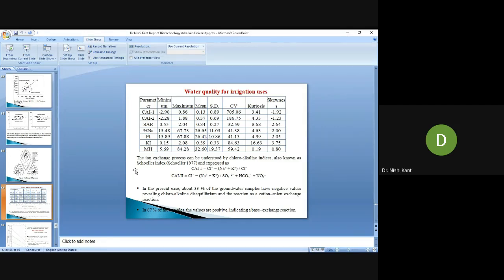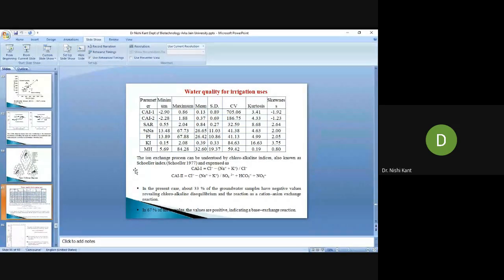The chloroalkali indices can either be positive or negative depending on whether the exchange of sodium and potassium is from water with magnesium and calcium in rock or soil, or vice versa.